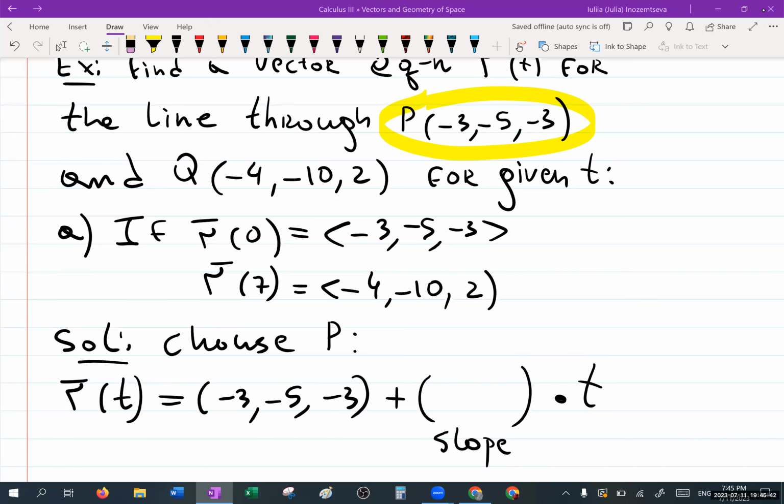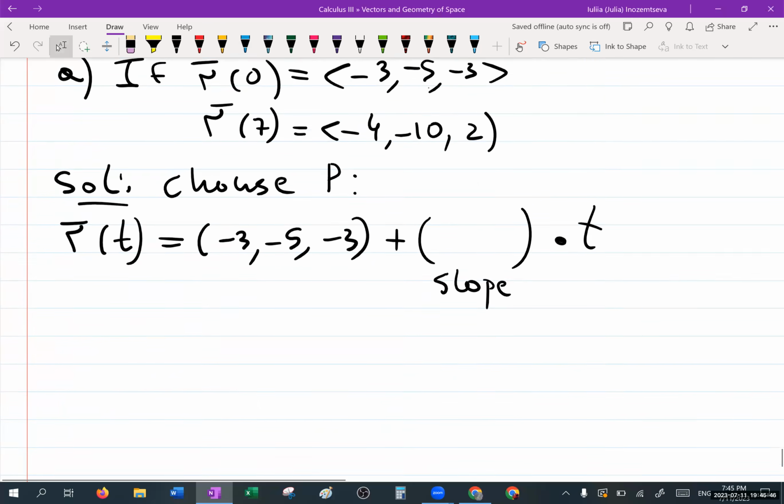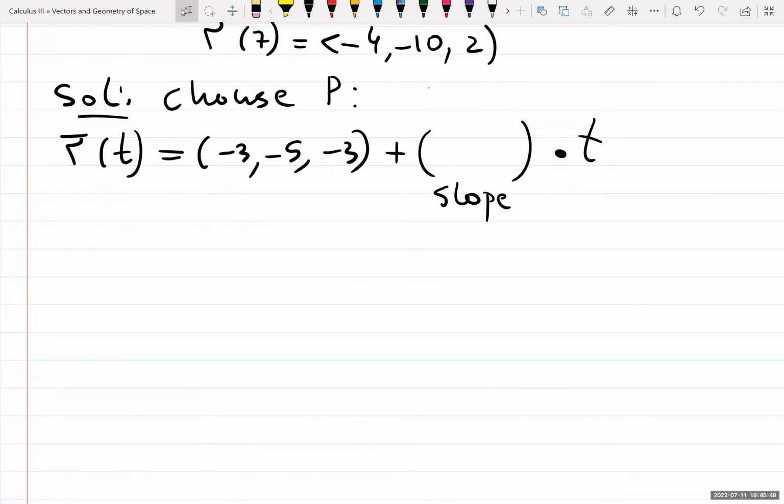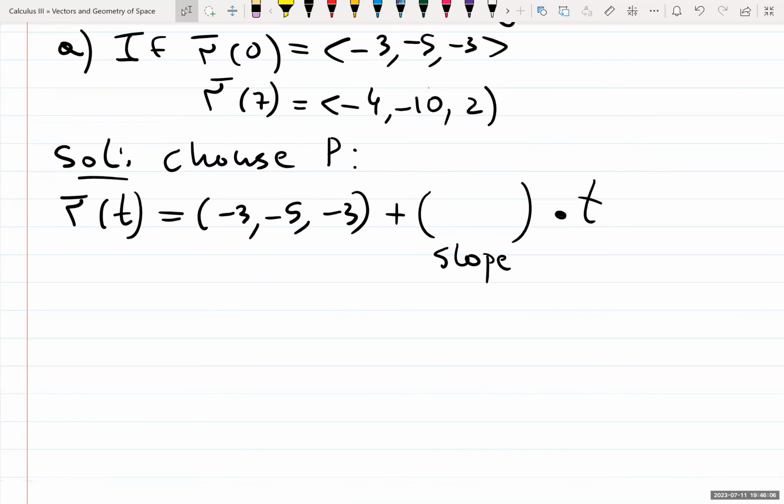Can you think in the chat about this problem? What do you think we should write down for the slope? How did we get any information from plugging 7 and getting -4, -10, and 2?